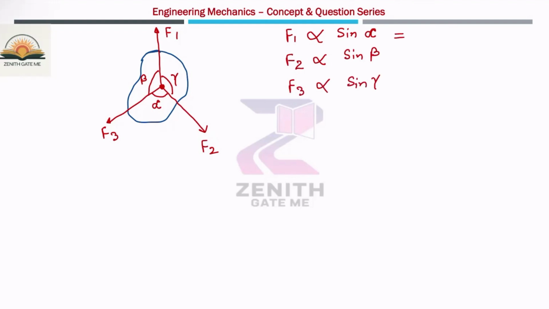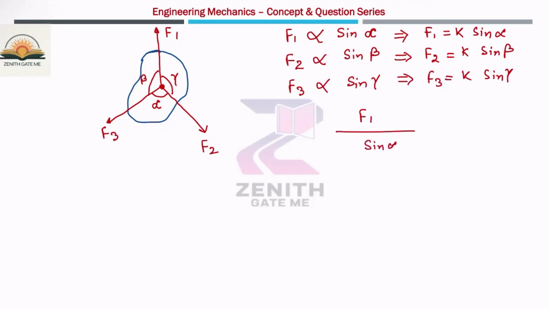If you remove the proportionality, then F1 is equal to K sine alpha. Similarly, F2 is equal to K sine of beta, and F3 is equal to K sine of gamma. That means F1 divided by sine of alpha, F2 divided by sine of beta, and F3 divided by sine of gamma is equal to K, a constant.